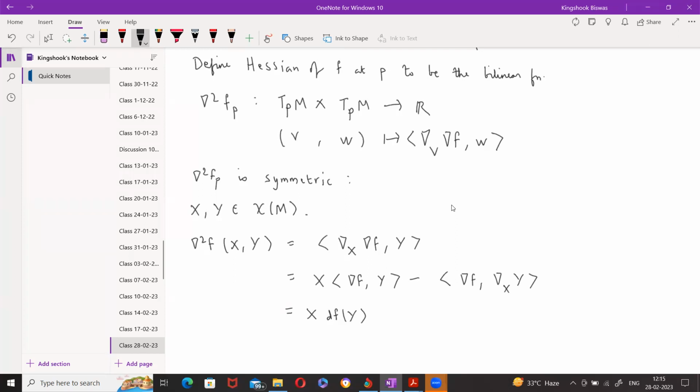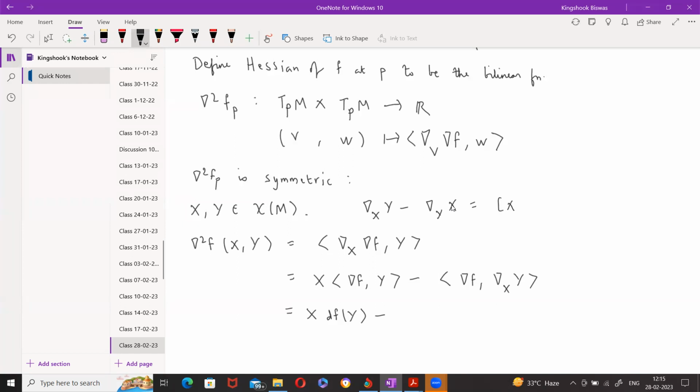Here, remember what the symmetry of the Levi-Civita connection said: nabla_X Y minus nabla_Y X is equal to the bracket [X,Y].